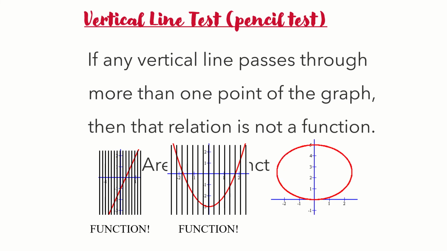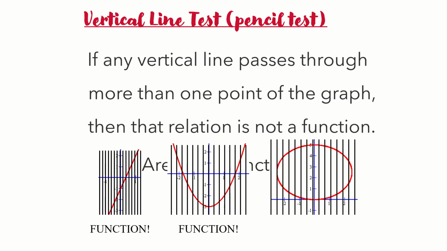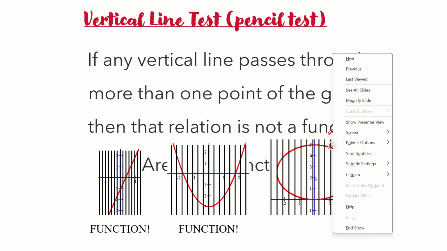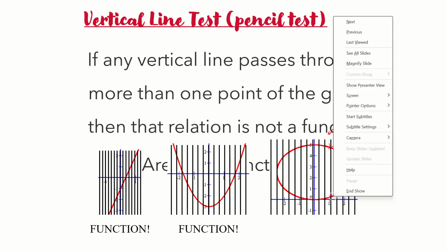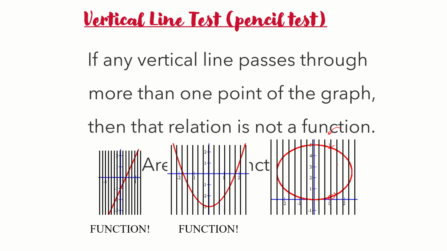If you draw a vertical line, you see this vertical line is crossing the graph at this point, and it's also crossing the graph at this point as well. So this vertical line is crossing the graph in more than one point. So this is not a function graph.